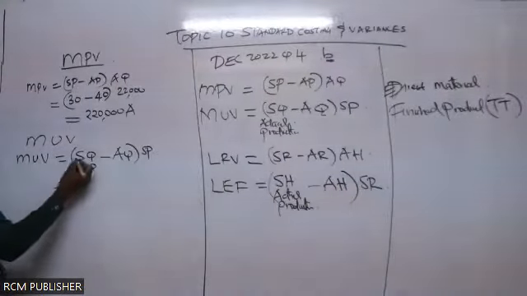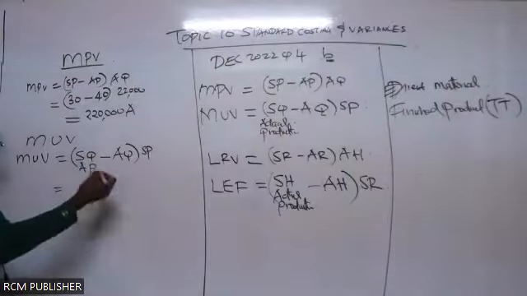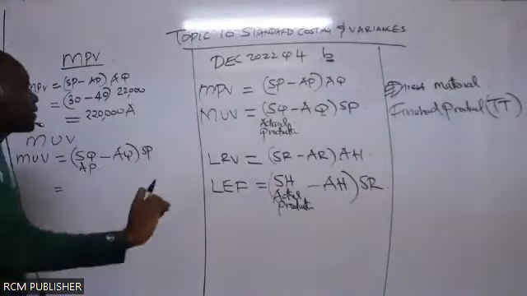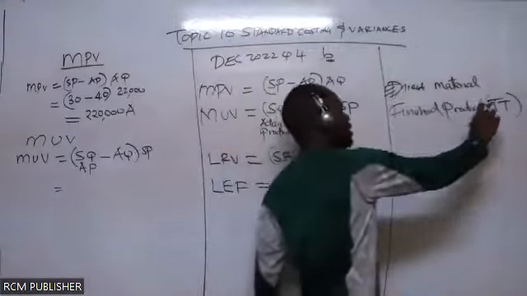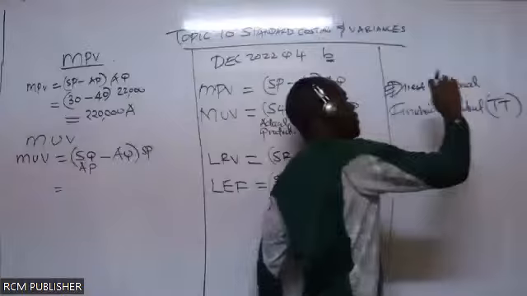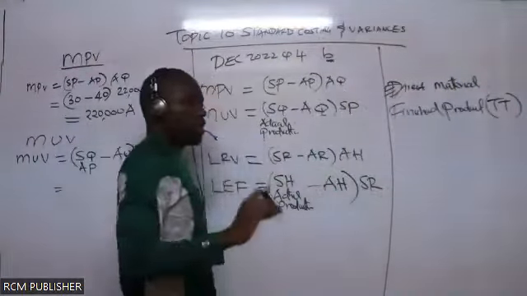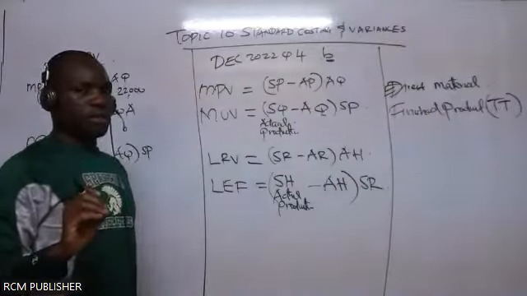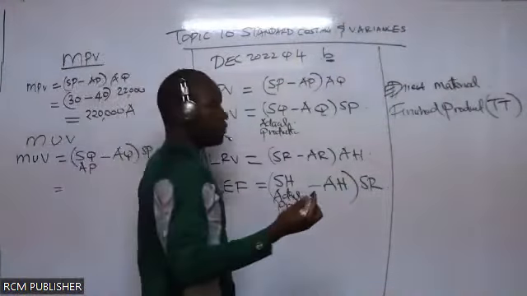Now, are we able to get the standard quantity in actual production? They anticipated that for every unit of the finished product TT, they are going to require how many units of raw material?